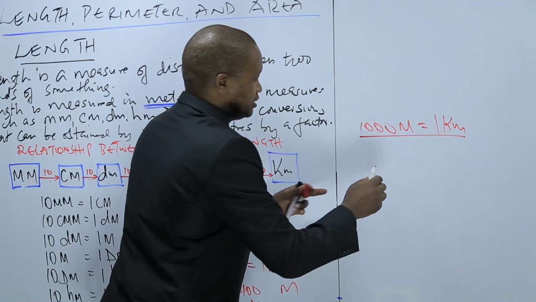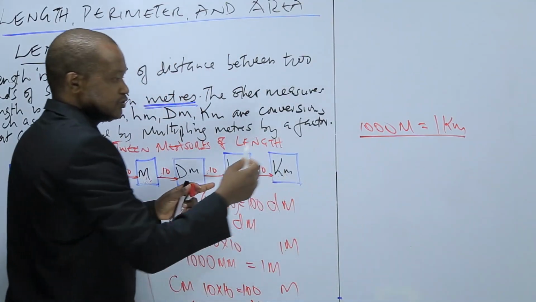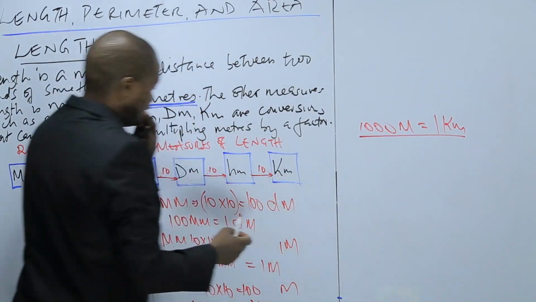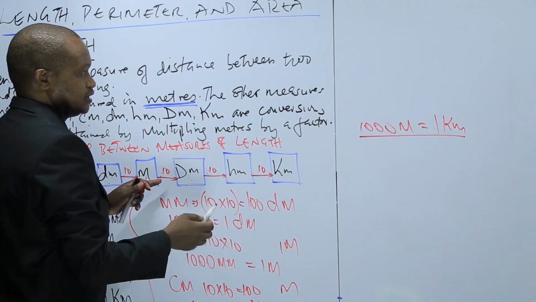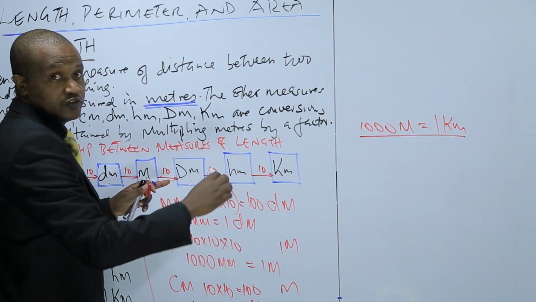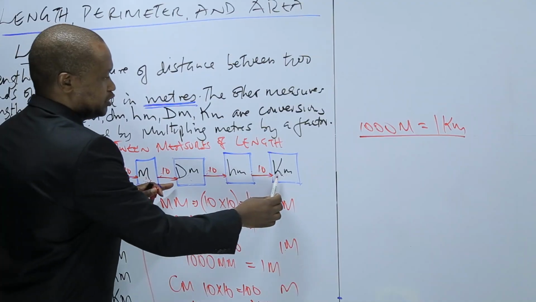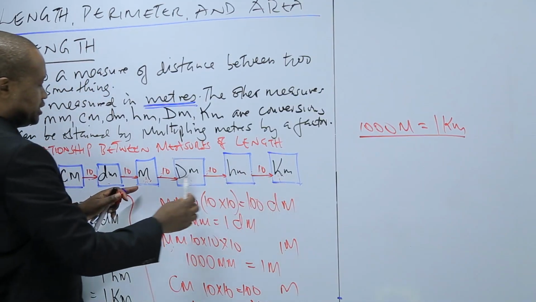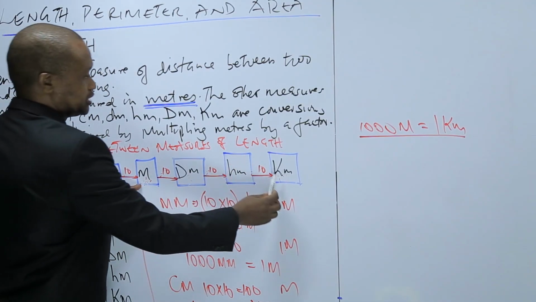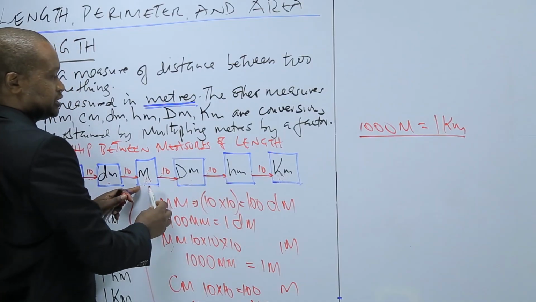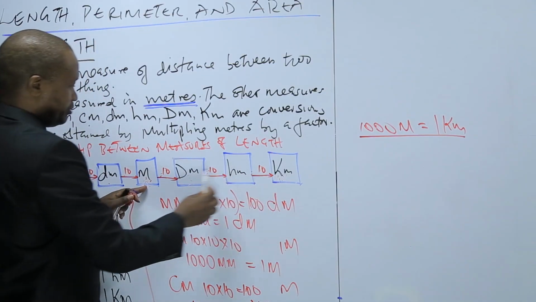We reverse. Instead of getting the product, here we are going to divide. Instead of multiplying, we are going to divide. So from kilometers to meters.